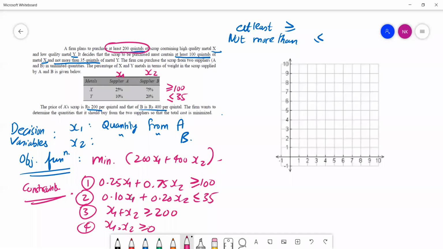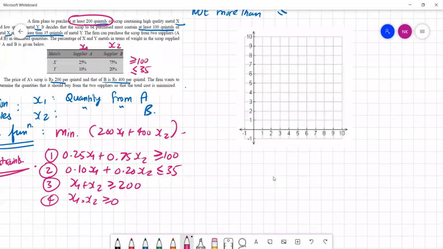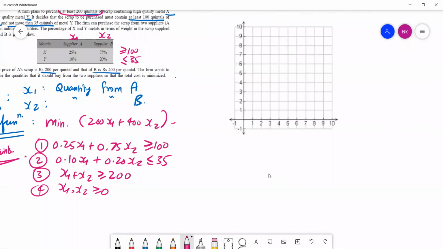So if we take these constraint functions onto the graph, we can see they are in decimal points. So we can convert them to whole numbers by multiplying the first equation by 4 and the second equation by, for example, 10.